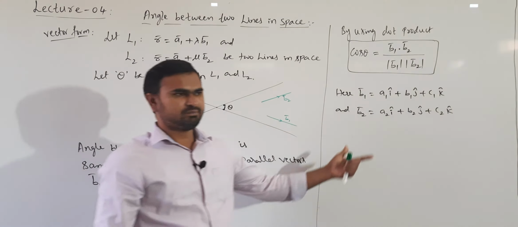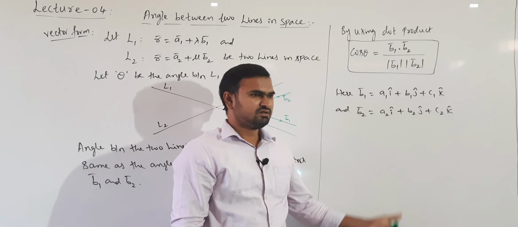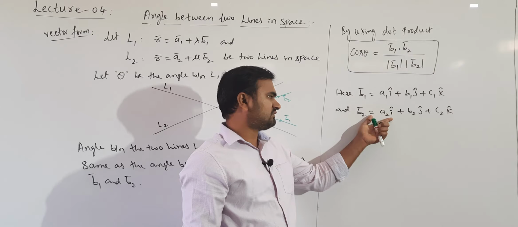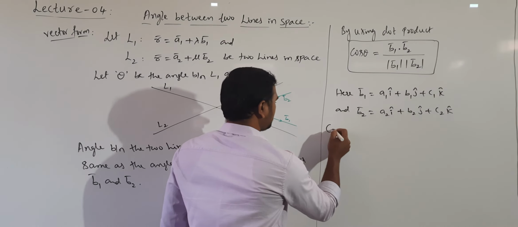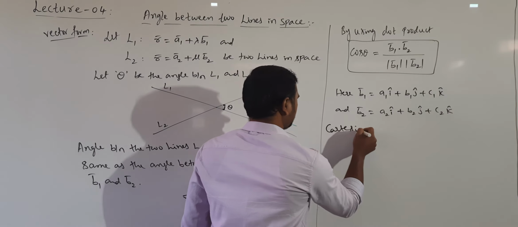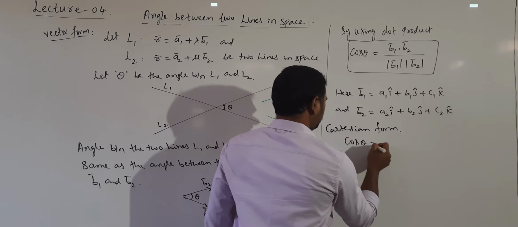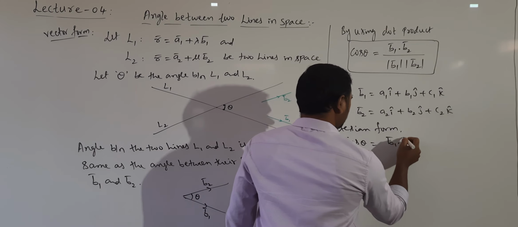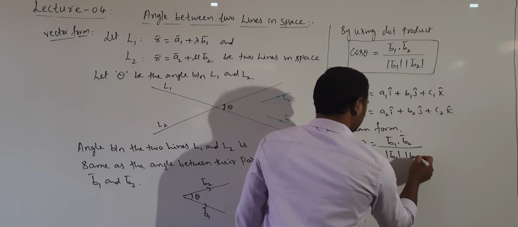Okay, these are the parallel vectors to first line and second line I am taking. So using this vector form, now we can derive the Cartesian form. So in Cartesian form, what is cos theta? I can write b1 dot b2 divided by magnitude of b1 magnitude of b2 bar.